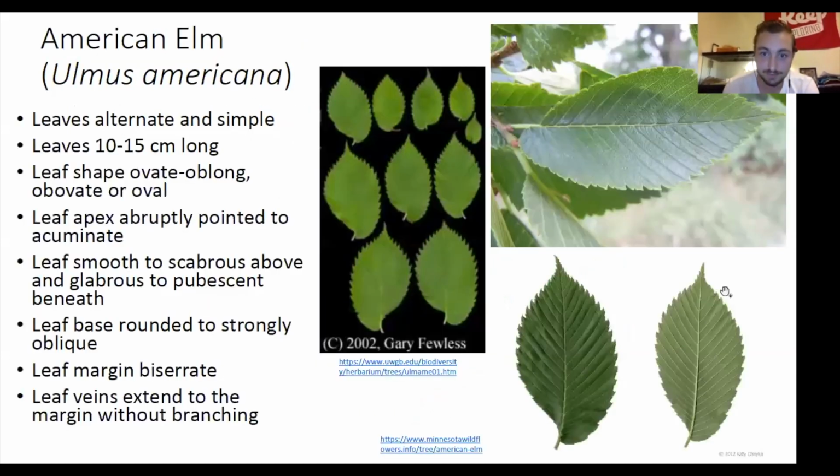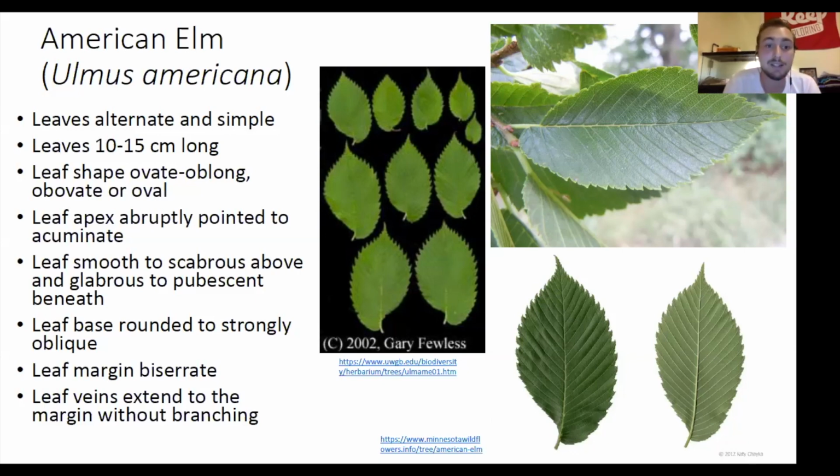So, our American elm. You can see this very strongly oblique base. American elm is a very good example of what an oblique base looks like. The leaves are alternate and simple. They're pretty long, 10 to 15 centimeters long. They're ovate or obovate or oval, so the part in which the leaf is widest changes. Sometimes it's at the base, in the middle, or at the tip of the leaf.